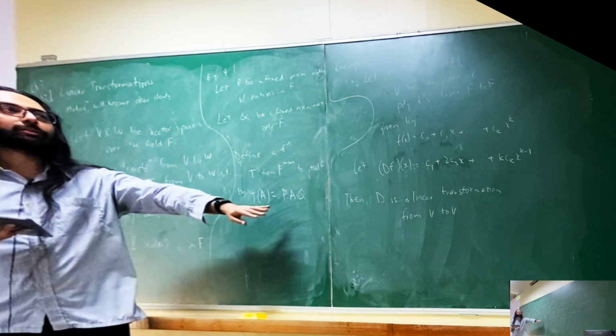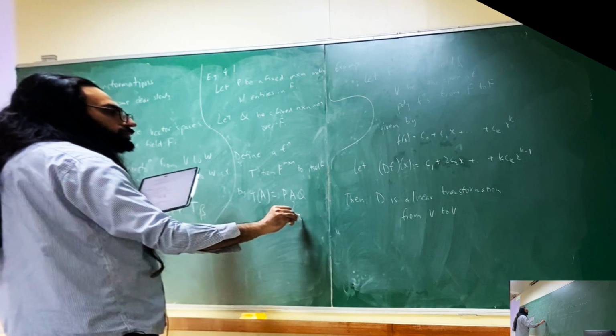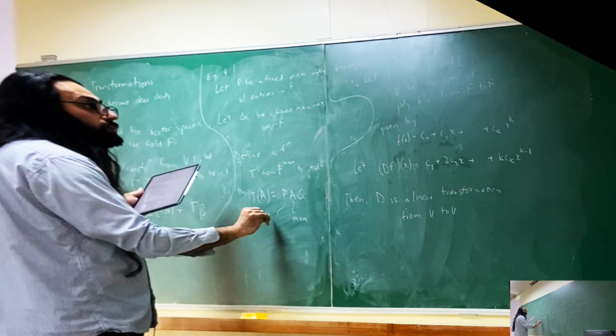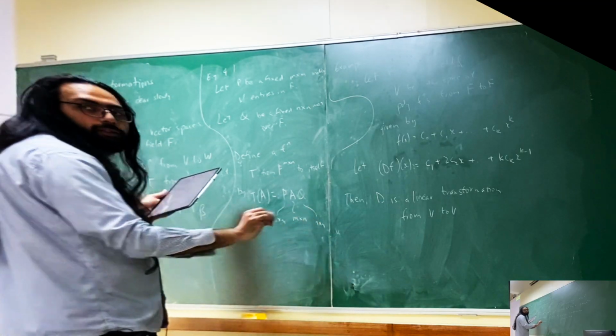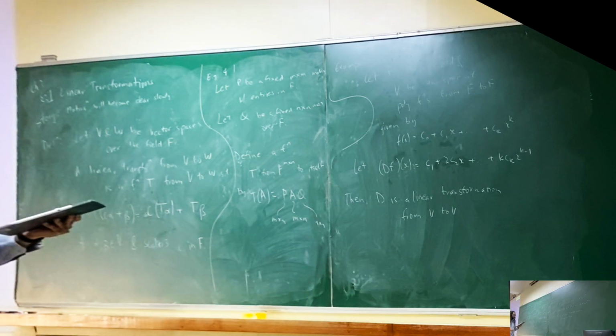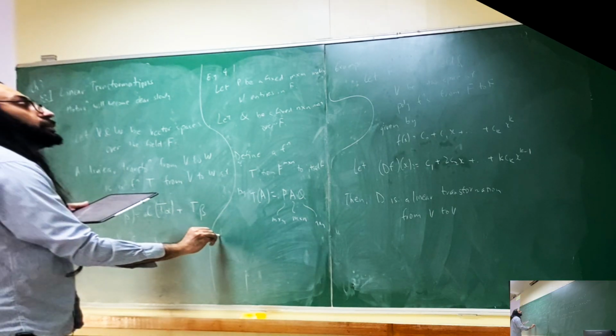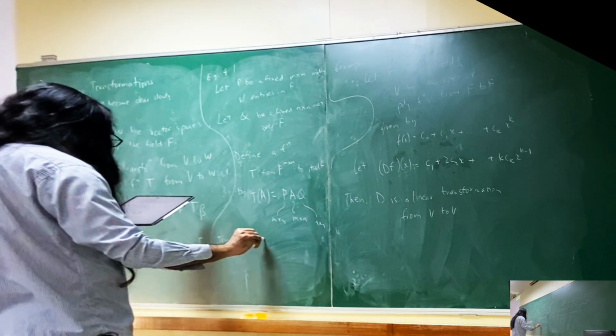And we can check that this is well defined because A is n cross n, P is n cross n, so this is n cross n, and everything is consistent. And if you define such a map, then T is a linear transformation.